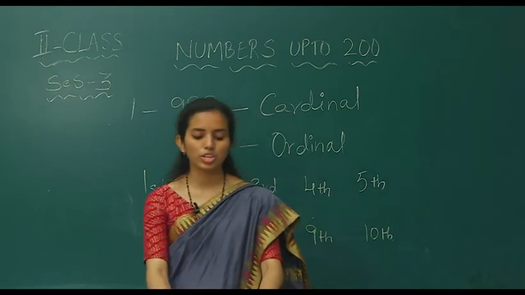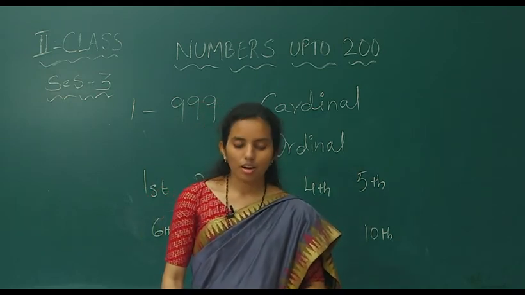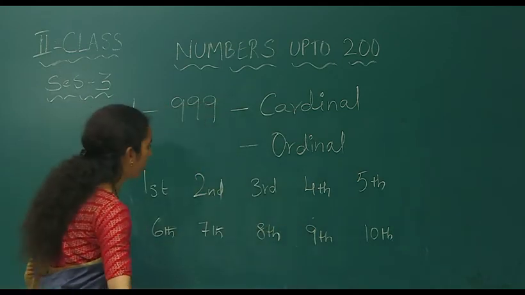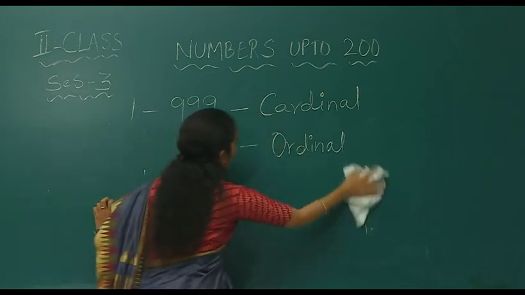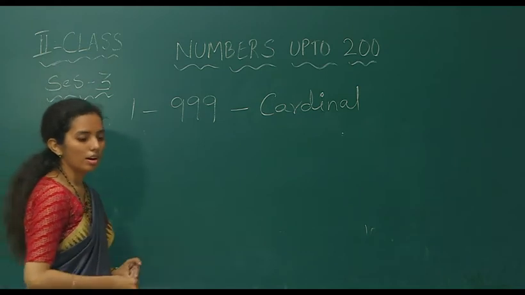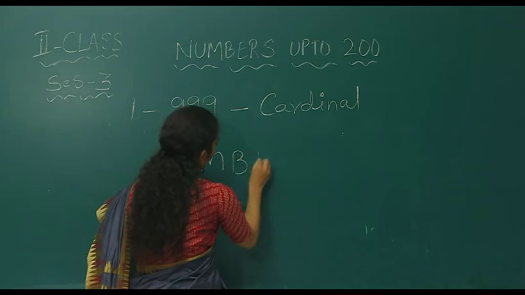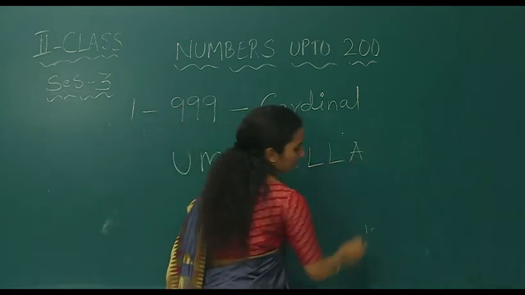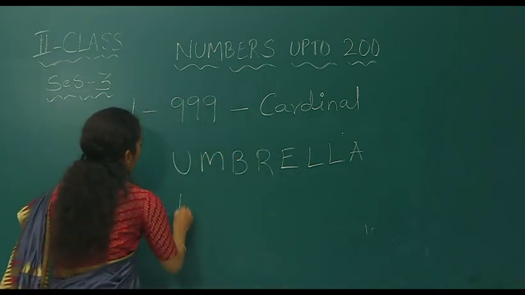And next, third question, fill in the blanks. Umbrella. He is asking us to find the position of the letter R in the word UMBRELLA.